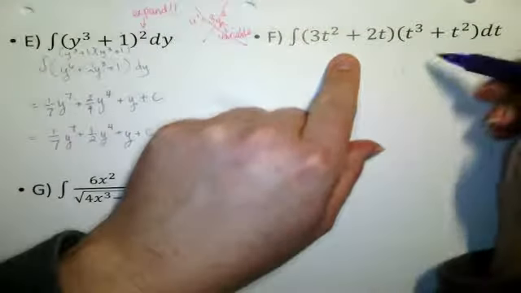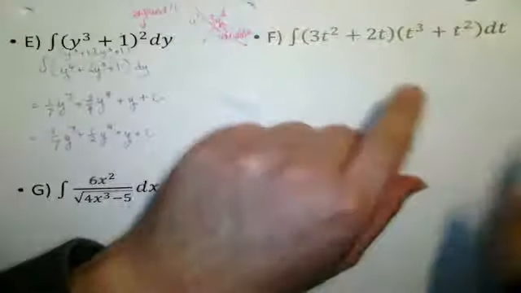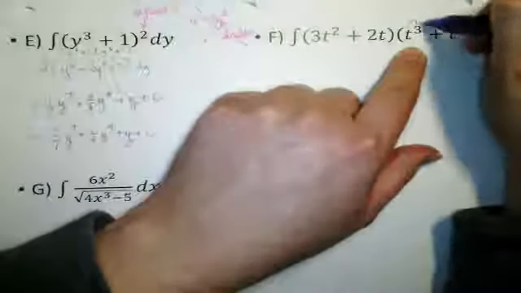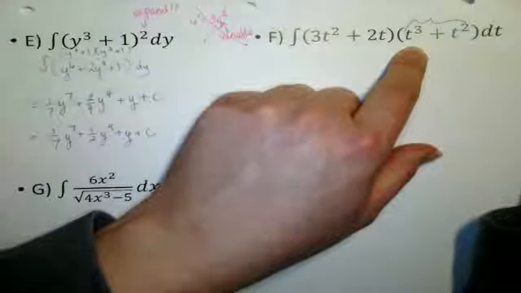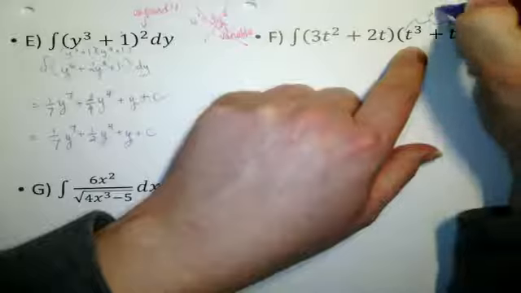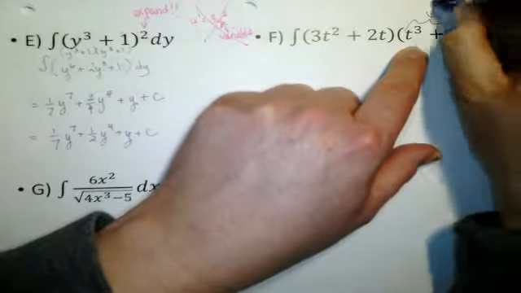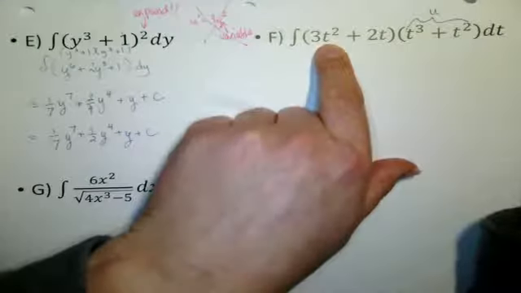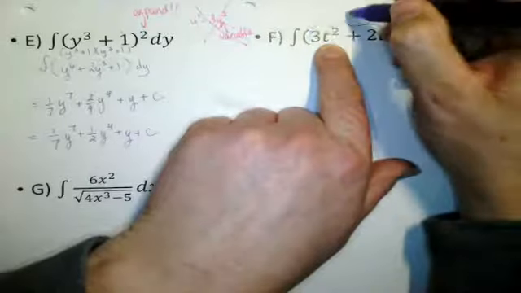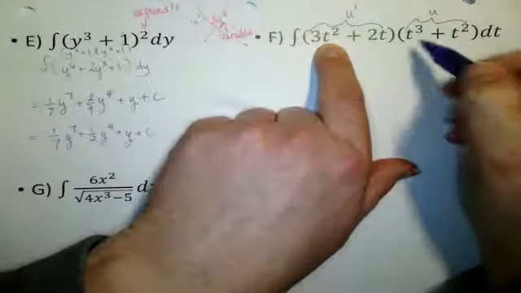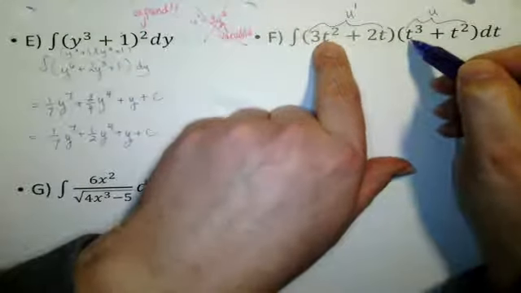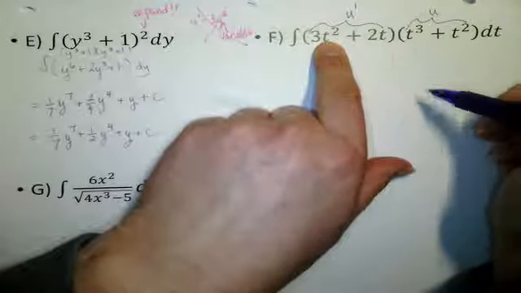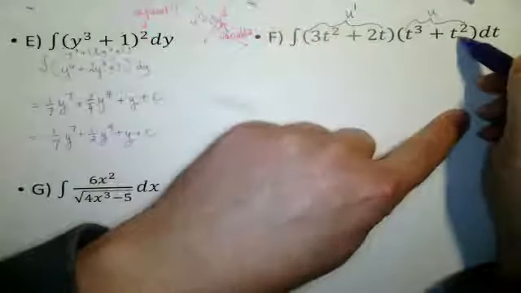So we could expand this if we wanted to, but if I look carefully, here is this fairly complicated function. If that's my u, and when I look carefully at this, it's u prime. 3t squared is the derivative of t cubed, and 2t is the derivative of t squared.